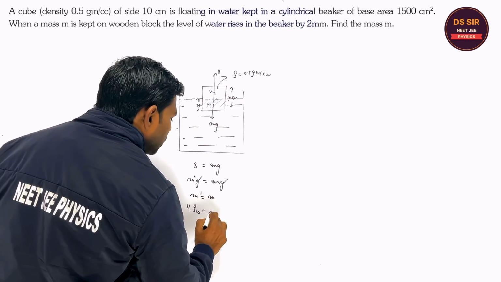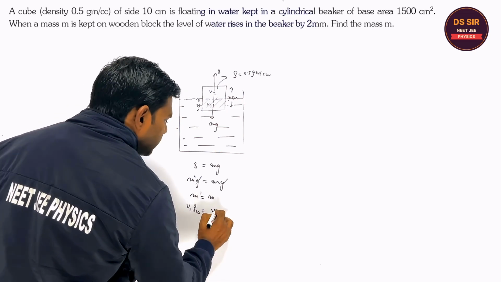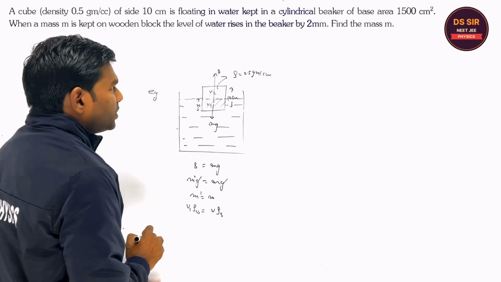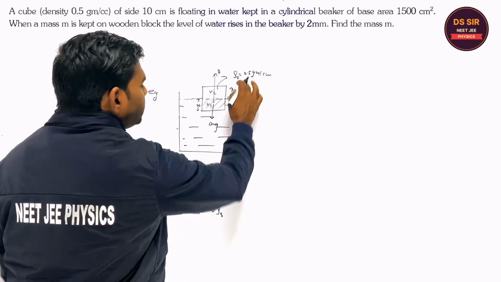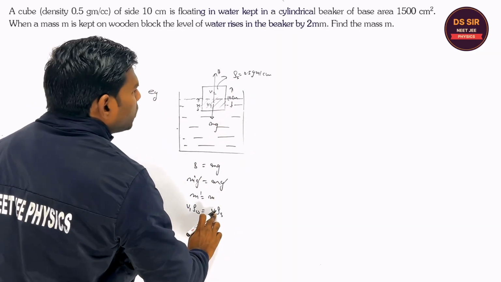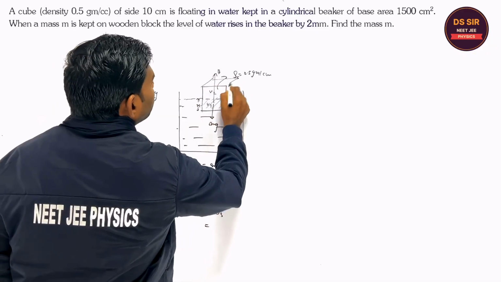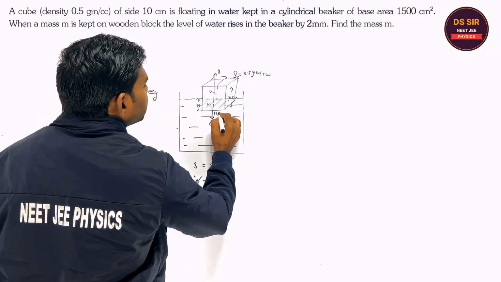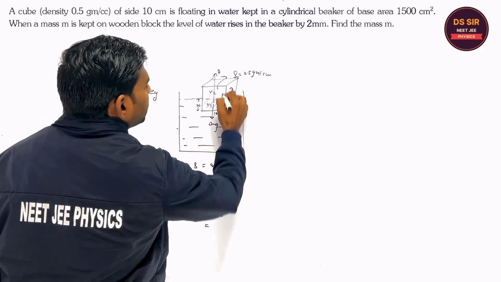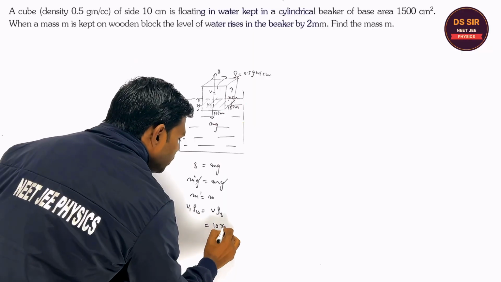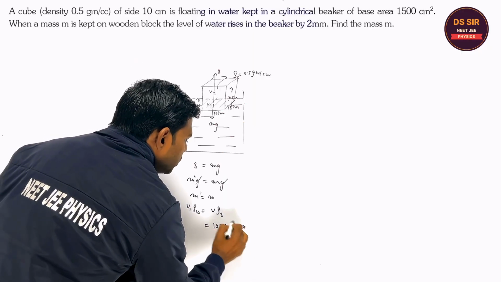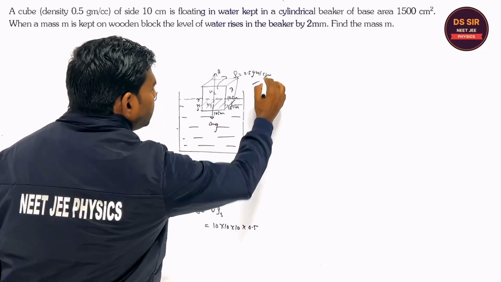Capital M is equal to capital V into the density of the solid. What is the volume of the cube? The volume of the cube is 10 centimeter into 10 centimeter into 10 centimeter, so 10 into 10 into 10 into 0.5, the density of the solid.